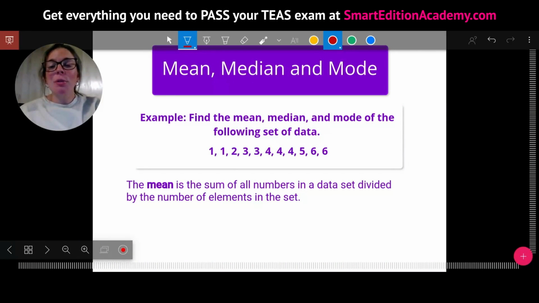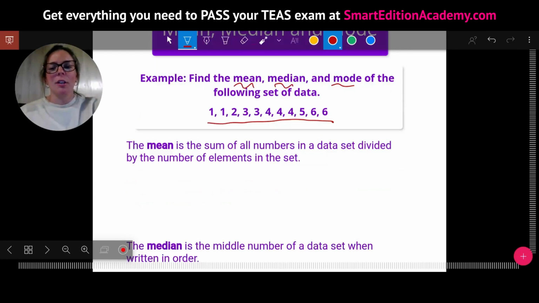But these are three of the most common measures of central tendency in statistics, which just means measures of the center. How do we find the center of data? And these are a few different ways that we can do that. So in this example, I've given you a set of data, and we're going to go through and find the mean, median, and mode. So let's talk about what each one of those are.